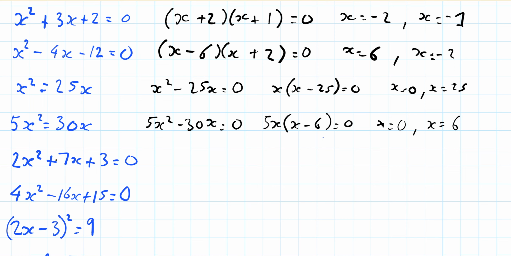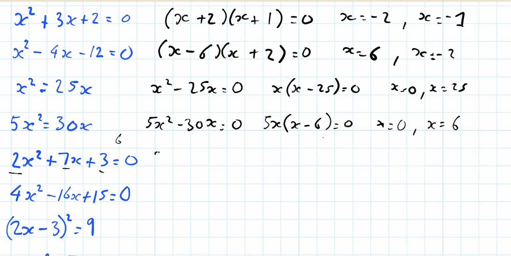Okay, so next up is when we have a coefficient in front, so we have the a, b and c. So what we do here, 2 times 3 is 6, so now we need two numbers that multiply to give me 6 and add to give me 7.